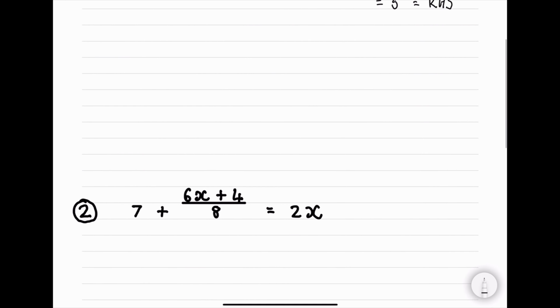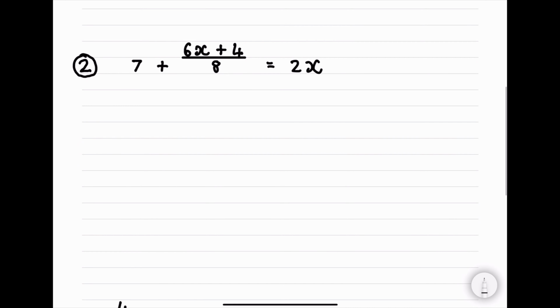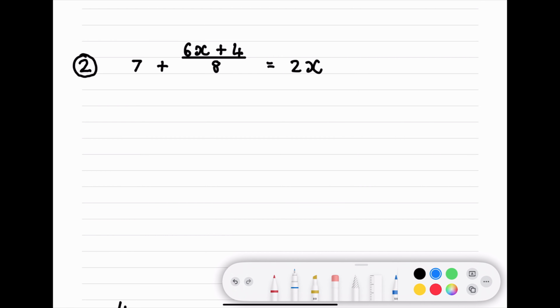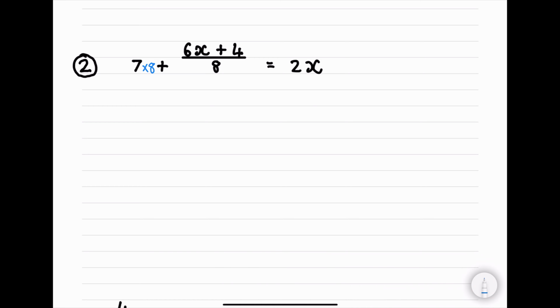Okay, moving on to the next example, a little bit more difficult, but yet again, it's the same thing over and over, getting rid of the denominator first. So what you do is you times everything by 8. So it's going to be 7 times 8. It's going to be this whole fraction times 8. And it's going to be the 2x times 8.